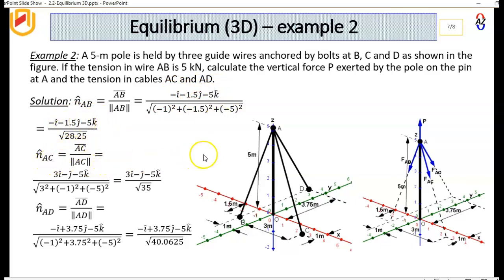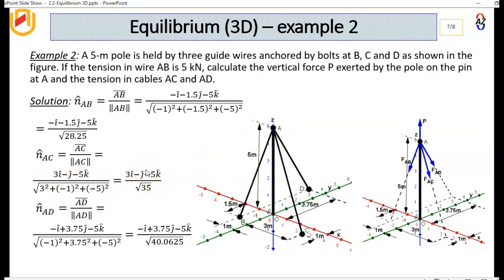AC, so from A to C, in the X, we're going to be moving 3 meters positive, 3i. In the Y, we're going to be moving backward by 1 meter, minus 1, and then in the Z is minus 5. Then we apply Pythagoras to the 3 numbers, and this is what you get.